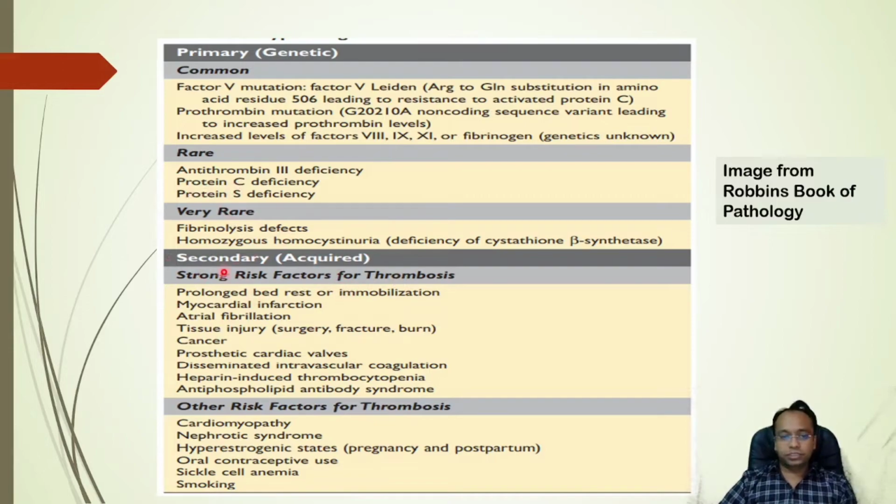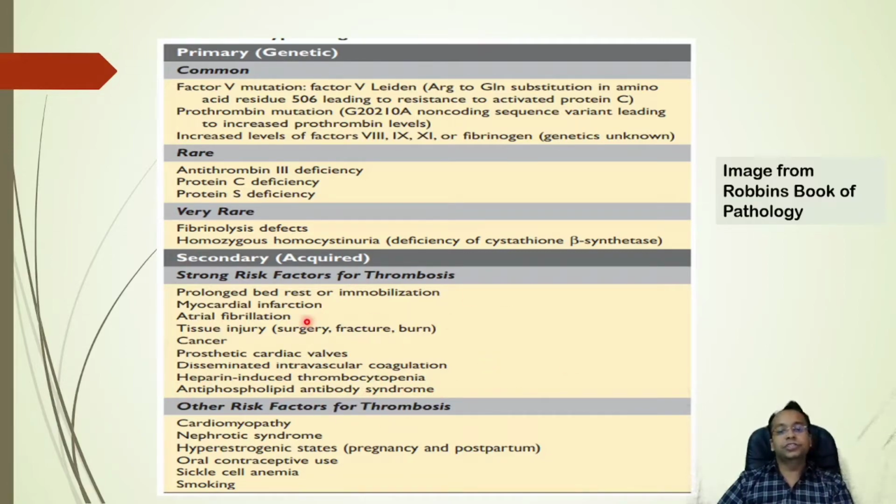Acquired factors for thrombosis development are strong risk factors for thrombosis if any of these is present. For example, if the patient is on prolonged bed rest, prolonged immobilization, like in certain fractures, in certain multi-organ dysfunction in which the patient cannot walk, myocardial infarction, atrial fibrillation, surgery, prolonged fracture, burns, cancer patient, prosthetic cardiac valve, disseminated intravascular coagulation, heparin-induced thrombocytopenia, antiphospholipid antibody syndrome.